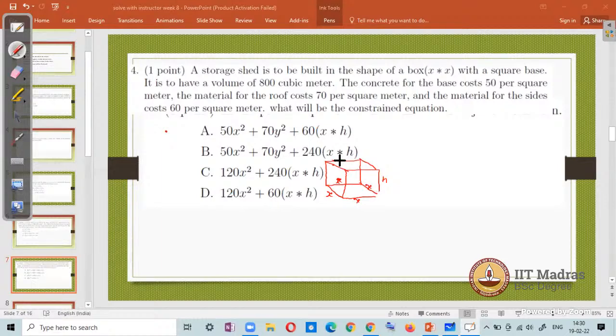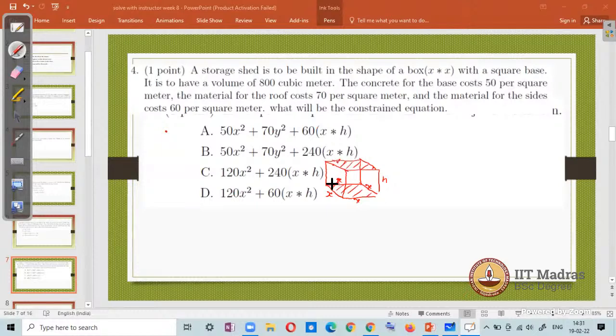Okay, I'll just tell you where you have gone wrong. Whatever the area of the base is, the same area will be that of the roof, no? Yes, sir.